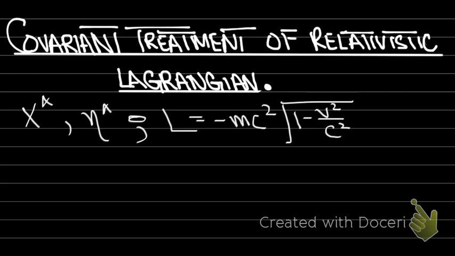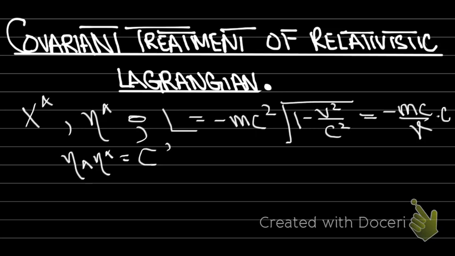Now this can also be written as negative mc over gamma times c. Also recall that we derived in one of our earlier videos that eta alpha times eta alpha is defined as the constant c squared.